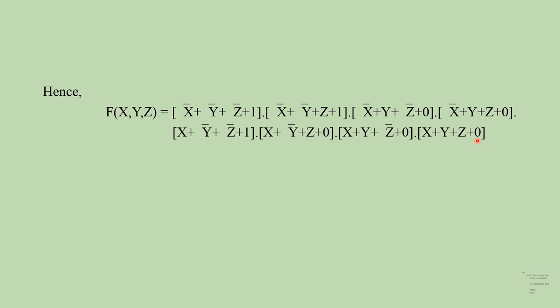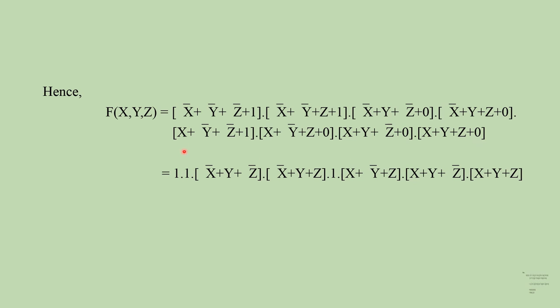So by using Boolean switching algebra, 1 plus x bar means 1, 1 plus y bar means 1, 1 plus z bar means 1. So from here we get 1 dot, here we also get 1 dot, here x bar plus y bar plus z bar plus 0. So what we get is x bar plus y plus z bar.